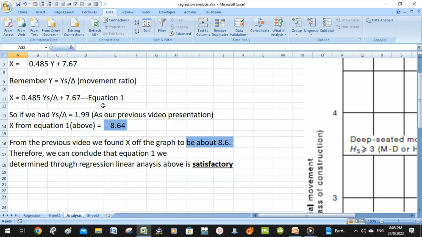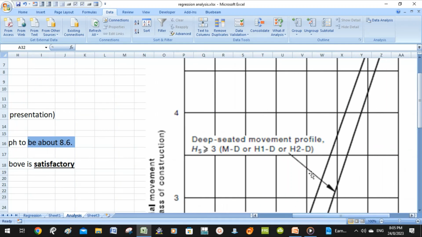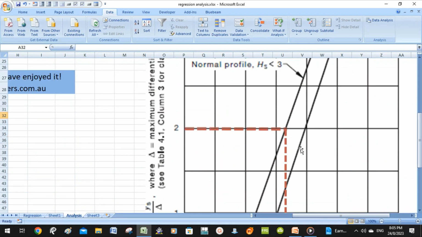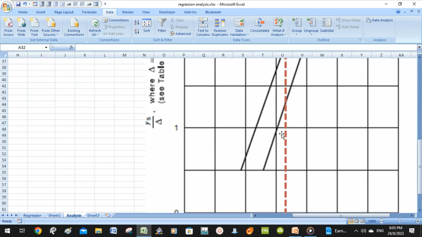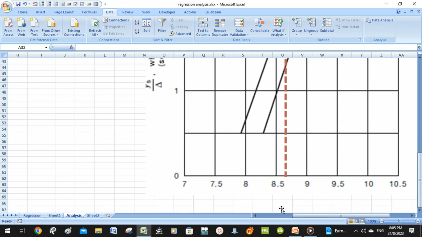If you remember, in the previous video, for the long direction, we had ys divided by delta being 1.99. And you can see here, in this graph on the right, at 1.99, the approximate value for x was 8.6.